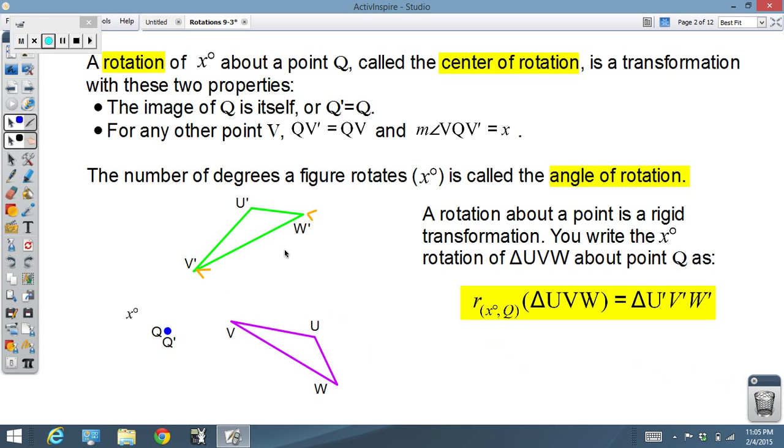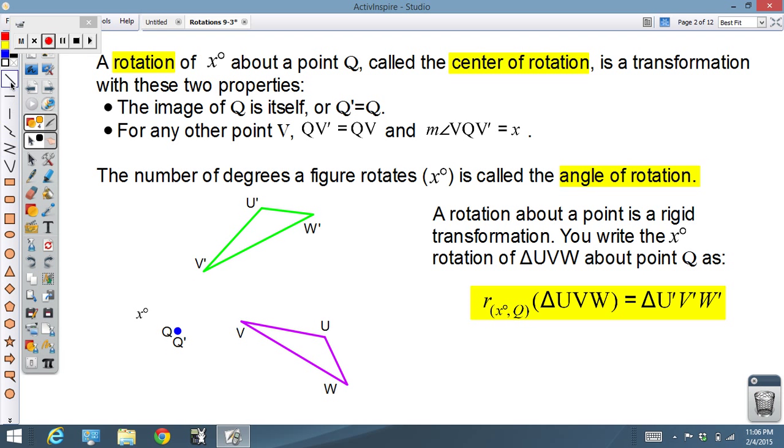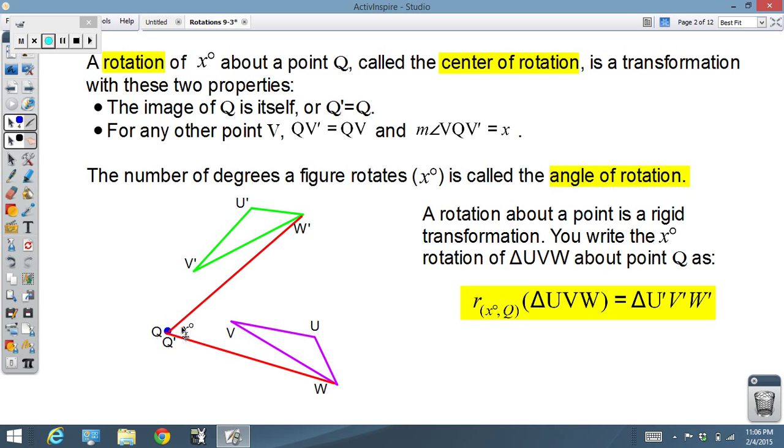If I were to draw dotted lines between V and V prime, and also red lines between Q W and Q W prime, know that this angle would also still be x.